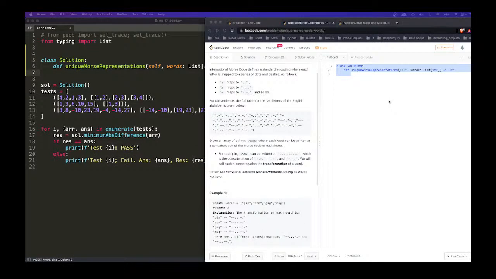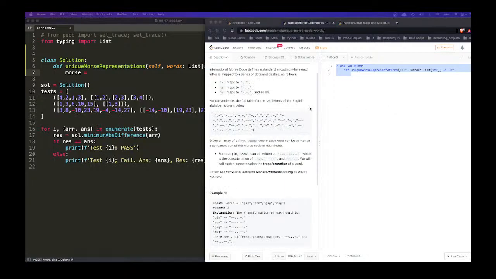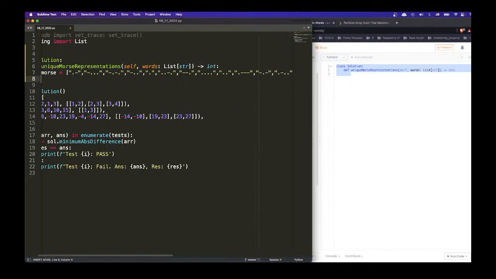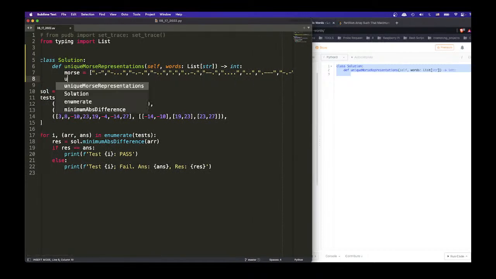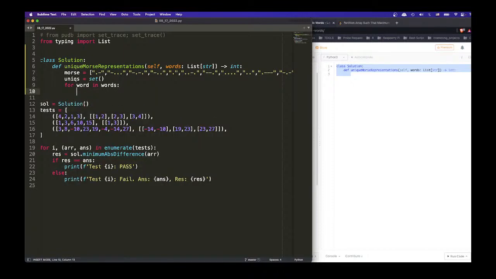So we just need a set. Okay, so Morse should be like this. This is Morse. And then uniques, that's going to be a set. A word in words, which we need to translate, right? For letter in word, and each letter is going to be found by Morse something, right?